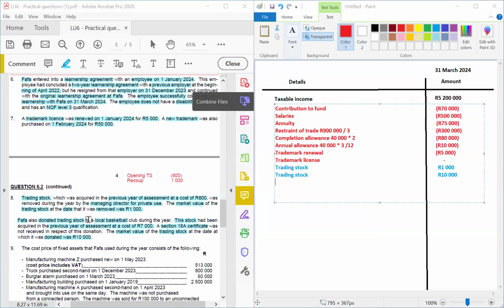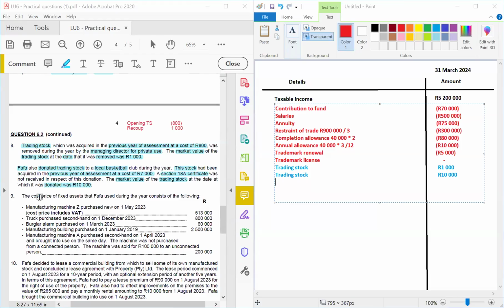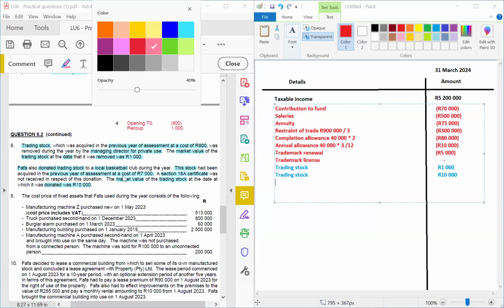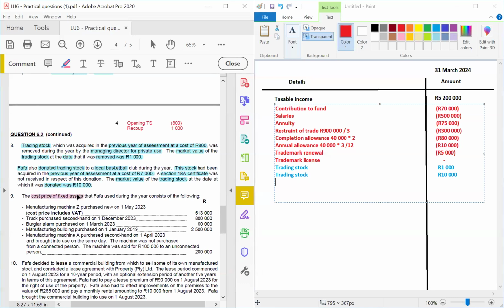Right. So we would be looking at number 9. Number 9 says the cost of fixed assets that FAFA used during the year consists of the following. There is a manufacturing machine Z purchased new in this current year of assessment, obviously 1st of May. The price includes VAT. We don't like that part.